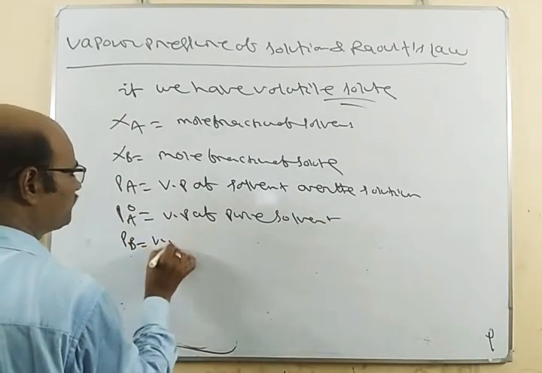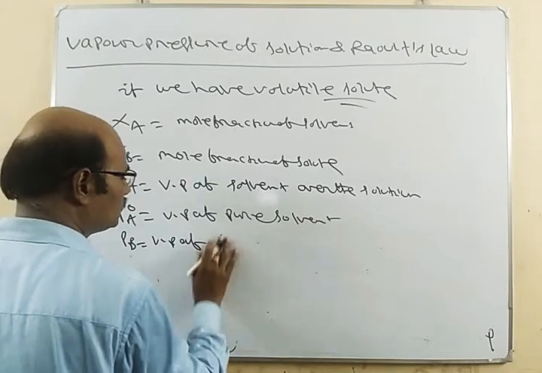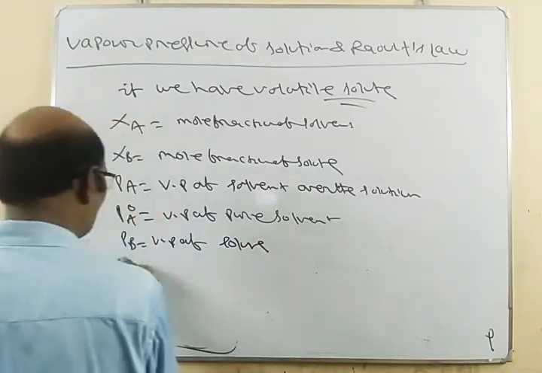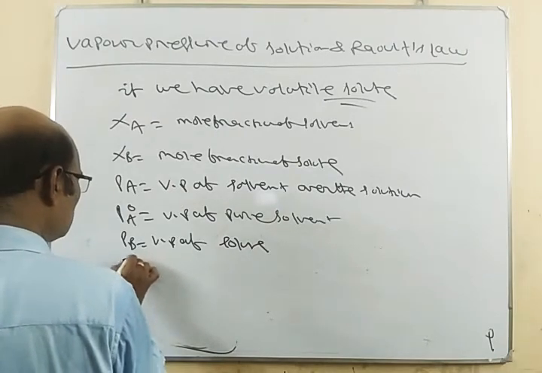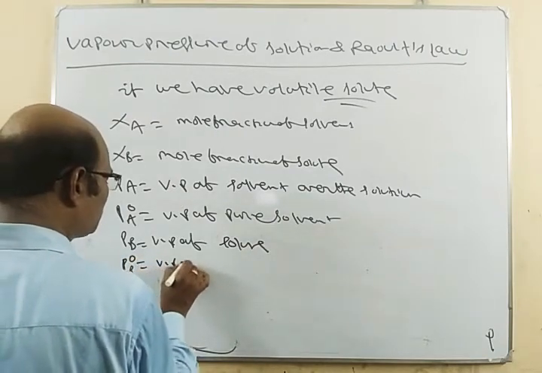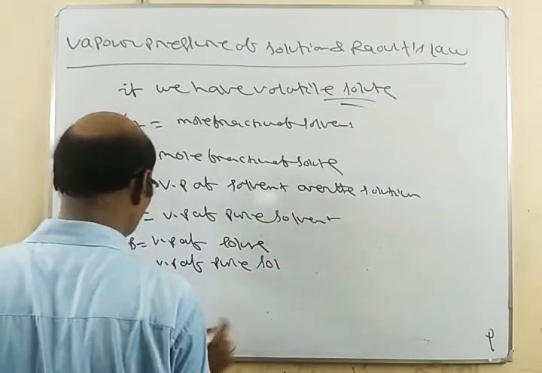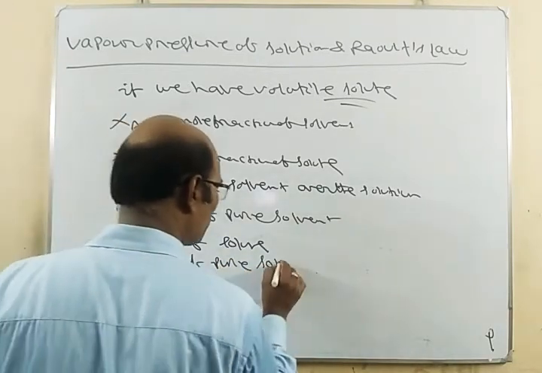PB is the vapor pressure of solute, and PB0 is the vapor pressure of pure solute.